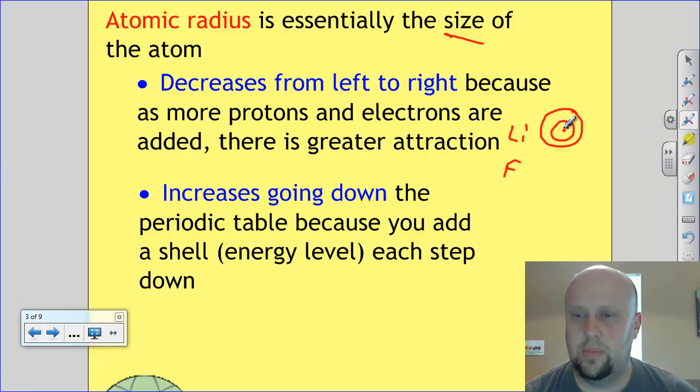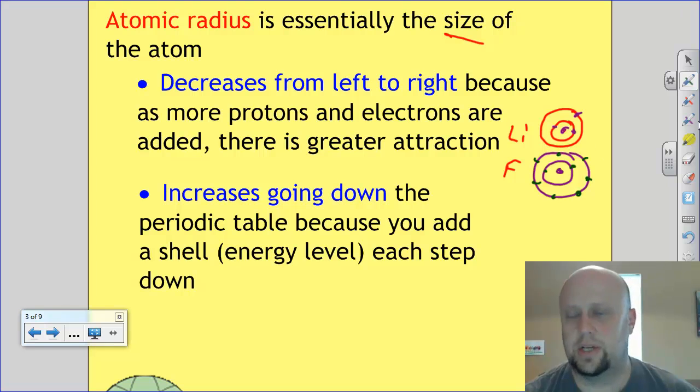Okay, you've got a nucleus in the middle, and then you've got 2 energy levels around that with electrons. Now, in the case of lithium, you've only got 3 total electrons. Okay, in the case of fluorine, I've got 1, 2, 3, 4, 5, 6, 7, 8, 9 total electrons.